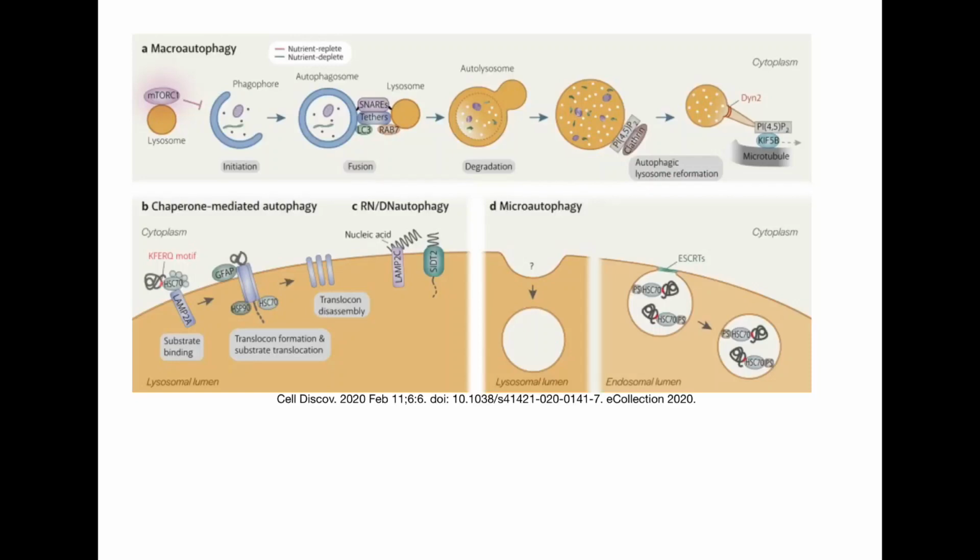There is a completely distinct mechanism, so distinct that probably it should have a different name, but it doesn't. It's referred to as chaperone-mediated autophagy, and that's really more of a sorting rather than trafficking event in which a protein in the cytoplasm is brought to the surface of the lysosome and then translocated in.